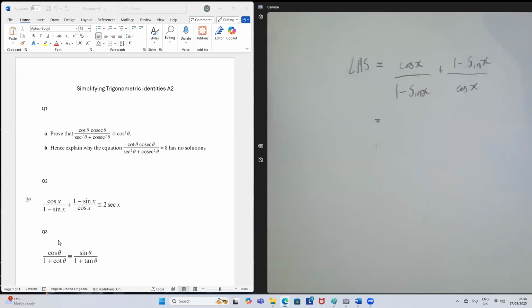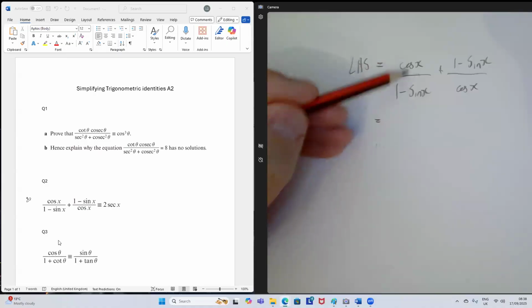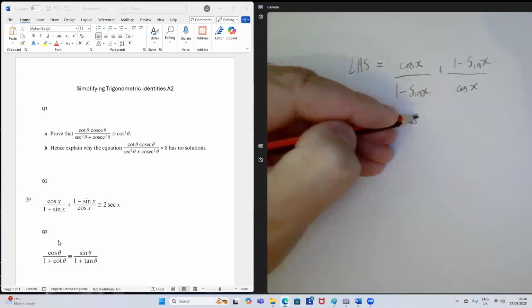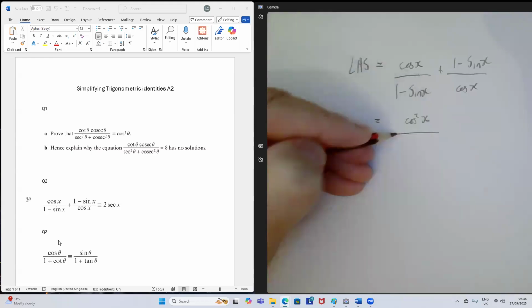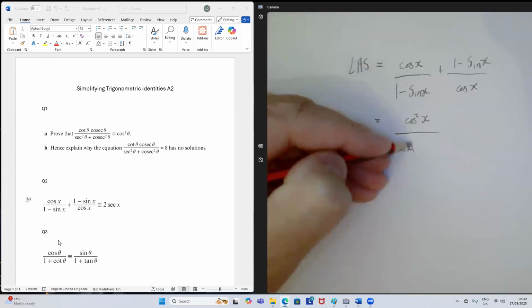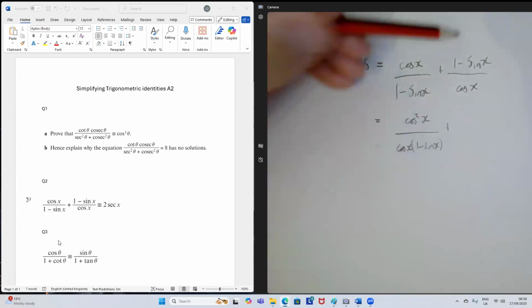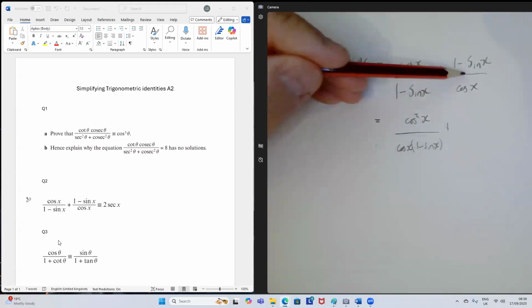Perfect. So step 1, as I've advised previously, is we're going to try and think about getting the whole thing over a common denominator. So I'm going to multiply the top and bottom of this one by cos. So that's going to give me cos² x over cos x times 1 minus sine x. And then for this one, I'm going to multiply the numerator and denominator by 1 minus sine.